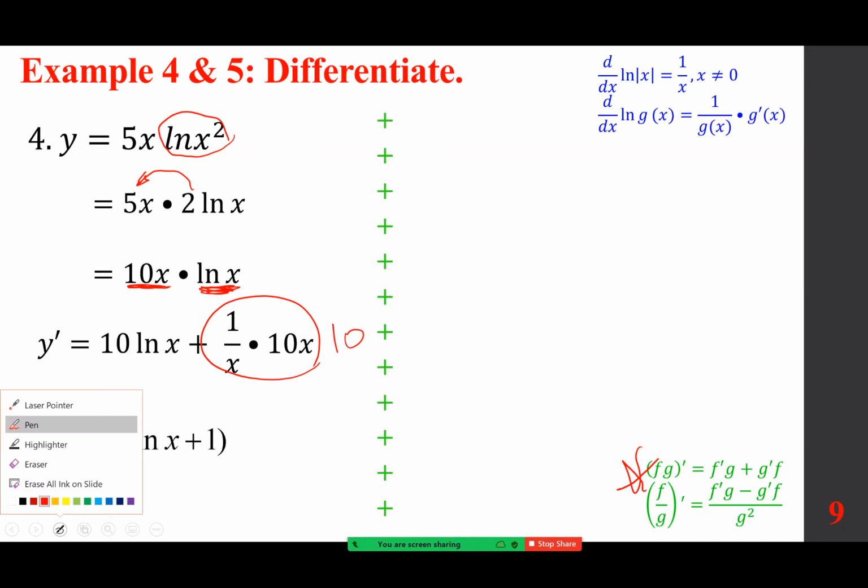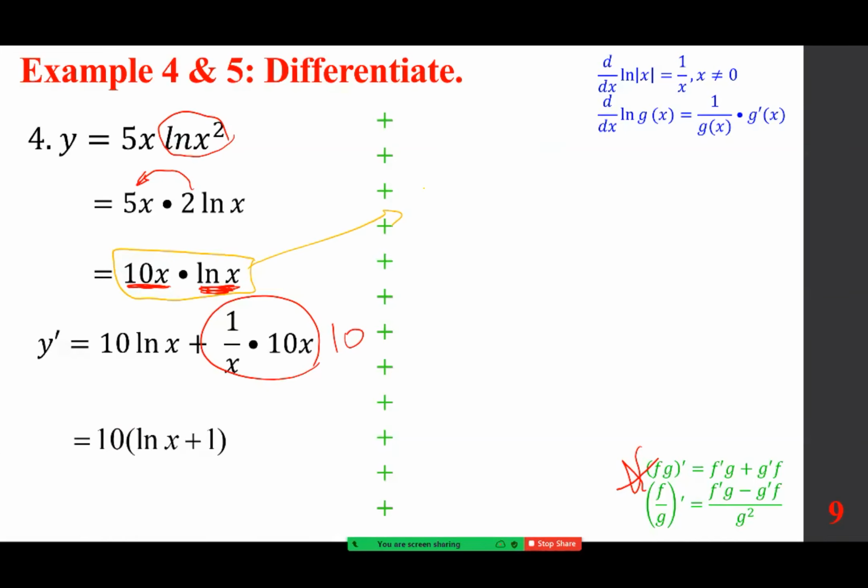If you kept this as 10 times x ln x, and as I mentioned, 10 is not a huge number, it's not that big of a deal. But if it's involved, you really want to go this route and keep it out.